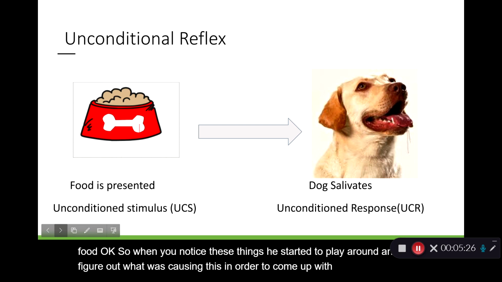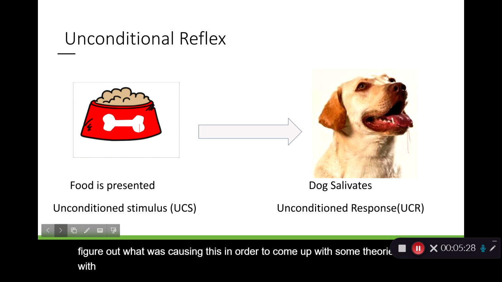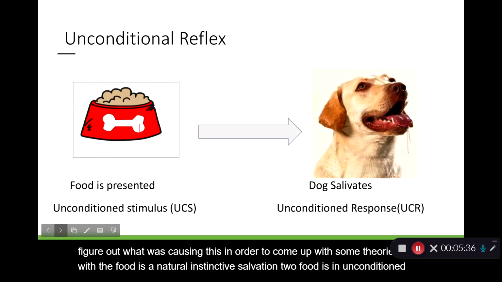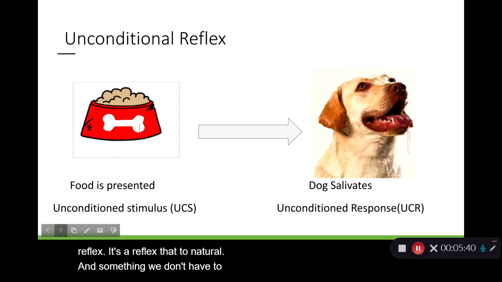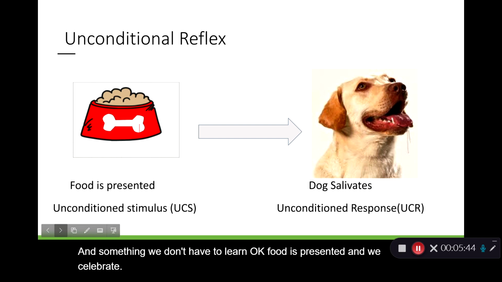So with the food, salivation to food is an unconditioned reflex. It's a reflex that's natural and something we don't have to learn, okay? Food is presented and we salivate, in dogs and in people, right?